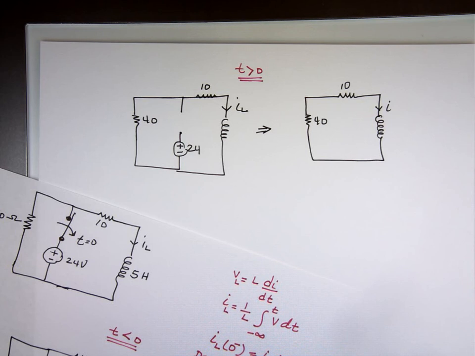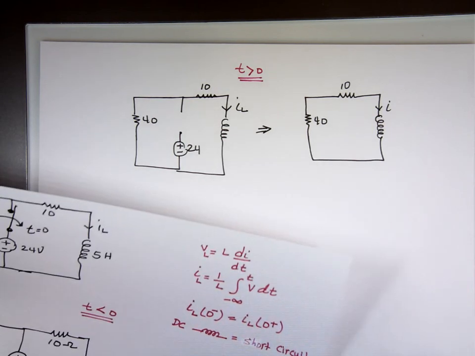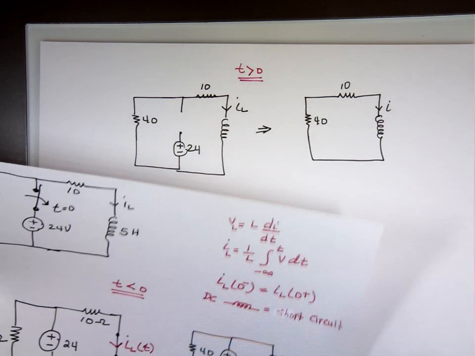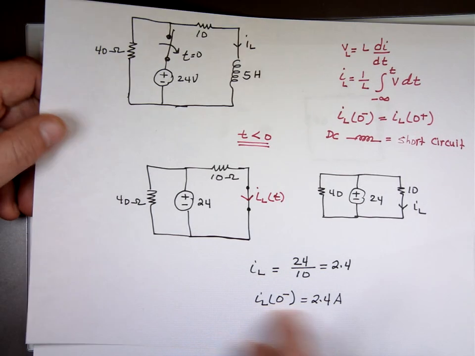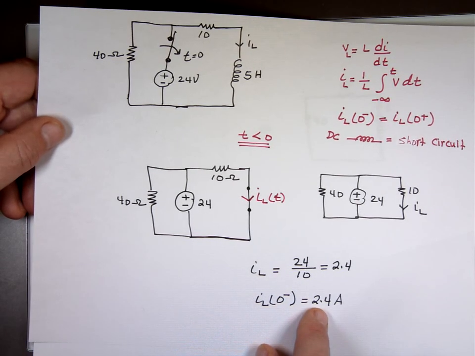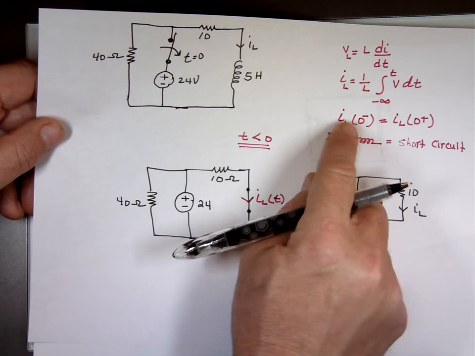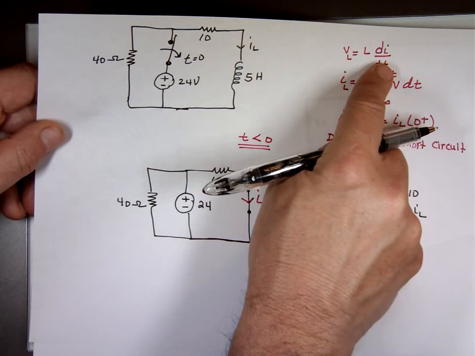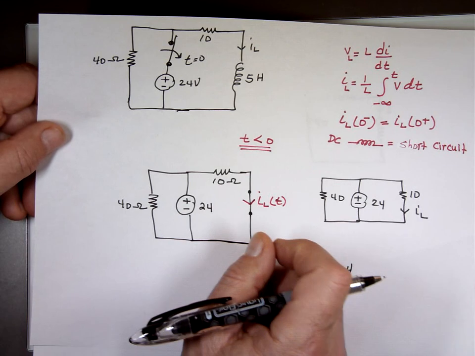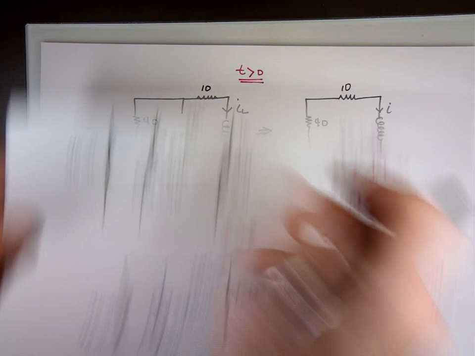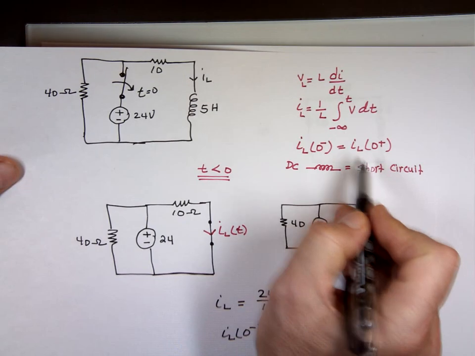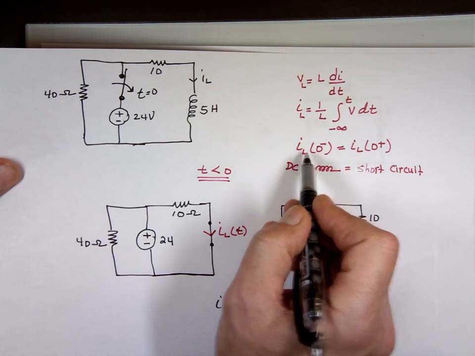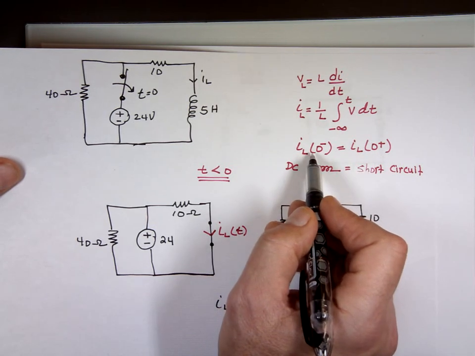Now, I said one thing here on this page. I'm going to go back and take a peek at it. We calculated the current at 0 minus is 2.4. At 0 plus, this statement says the current's not going to change in 0 time, because the derivative says there's no way that current can change in 0 time. So when you actually disconnect that source, the current through that at 0 plus is going to be the same as 0 minus.